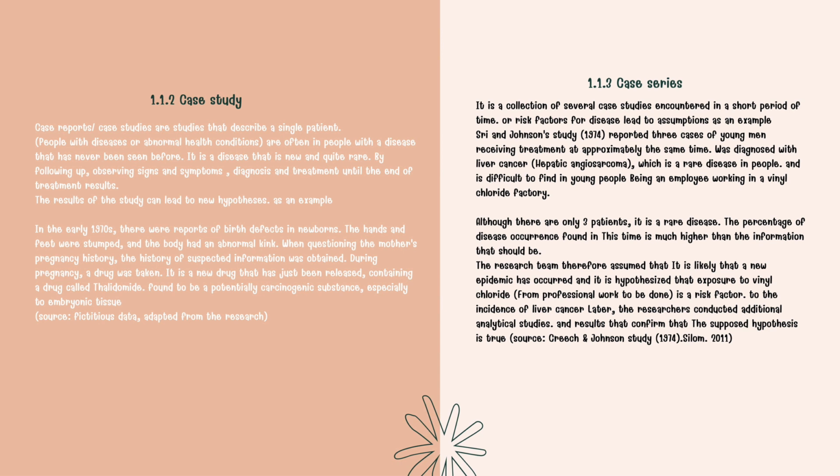As an example, the Creech and Johnson study in 1974 reported 3 cases of young men receiving treatment at approximately the same time who were diagnosed with liver cancer, hepatic angiosarcoma, which is a rare disease and is difficult to find in young people. They were employees working in a vinyl chloride factory.